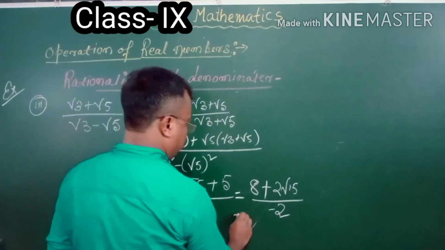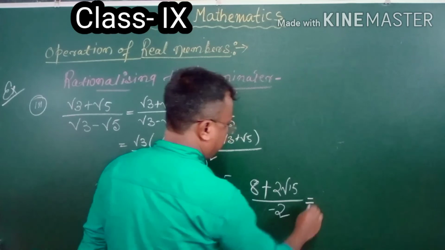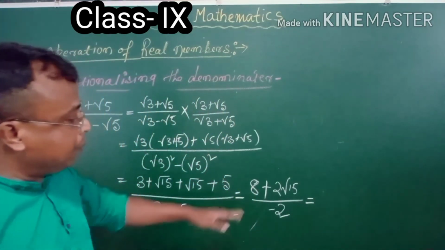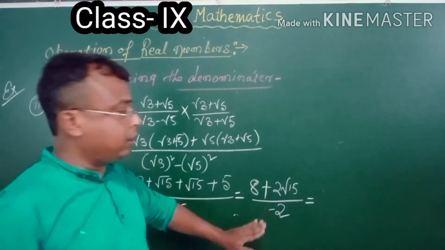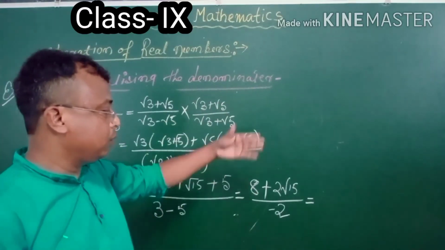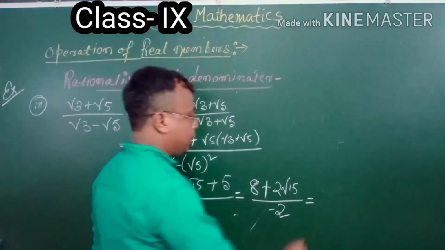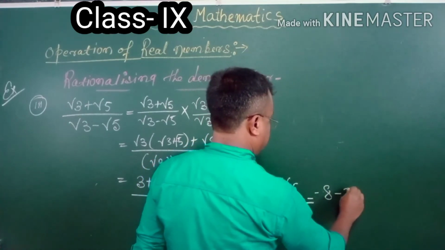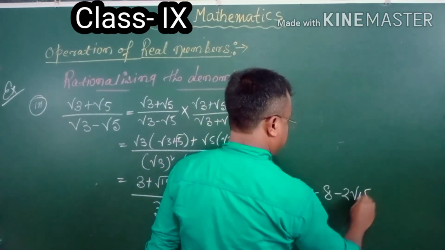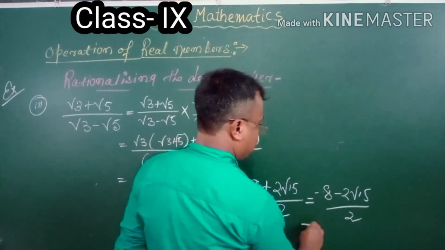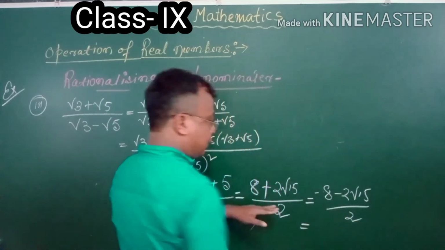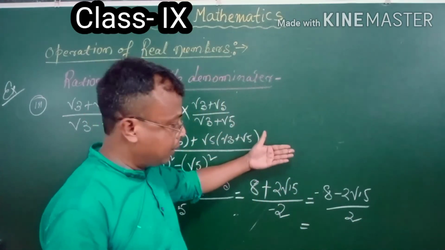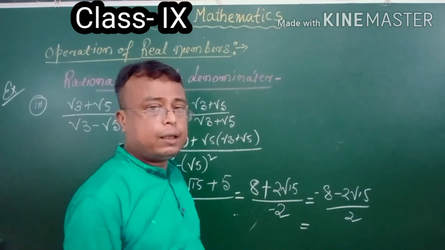Okay, is equal what we will get. So in standard form, the minus should not be in the denominator. Bring it to numerator. Minus 8 minus 2 root 15 divided by 2. Okay, so minus कहाँ चला गया? Numerator में चला गया. Okay, because in denominator minus should not be there.